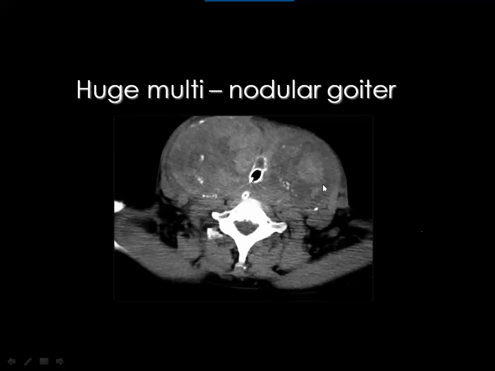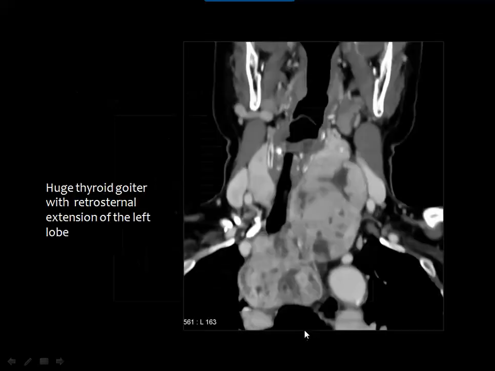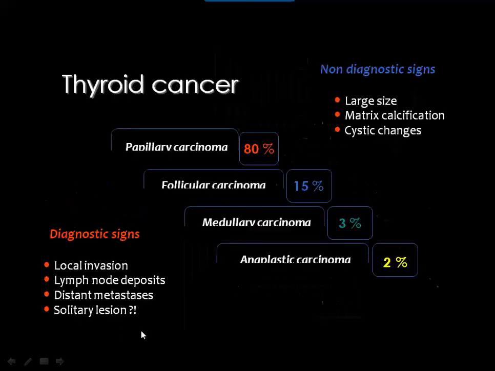Huge multinodular goiter affecting both thyroid lobes, markedly compressing the trachea, and this is the endotracheal tube. And this is an example of huge multinodular goiter affecting the left lobe of the thyroid gland more than the right lobe, with areas of hypodensity as well as some of the calcium inside the affected gland. And you see the large intrathoracic retrosternal extension.